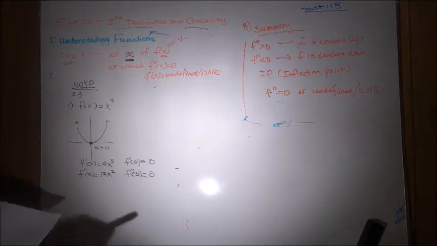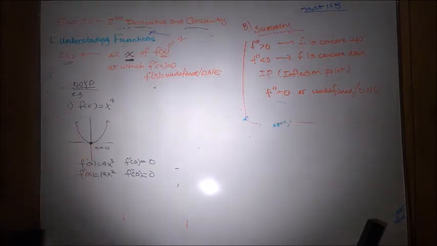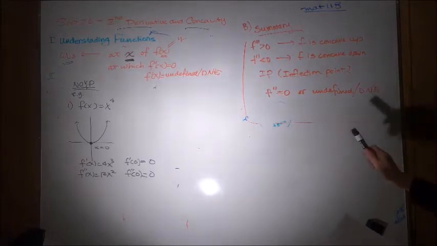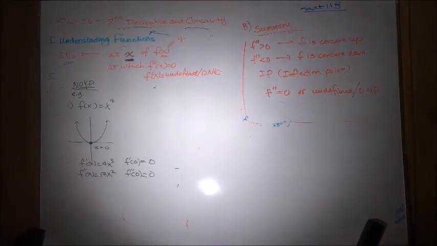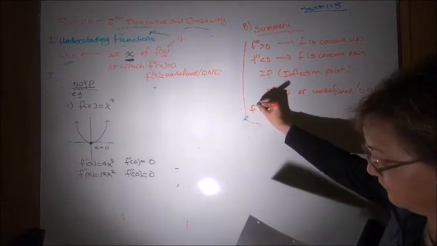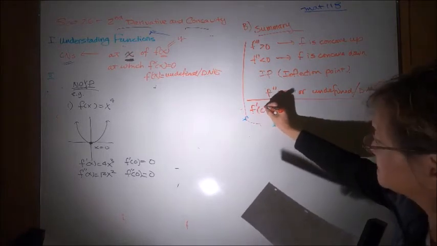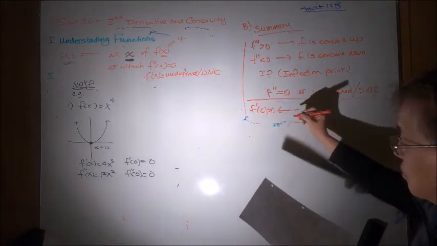So when f prime prime is 0, that means you have what? At this point of time, you have minima or maxima, okay? So when we have this situation, and what do we have? When you have f prime of c equal to 0, it means what?